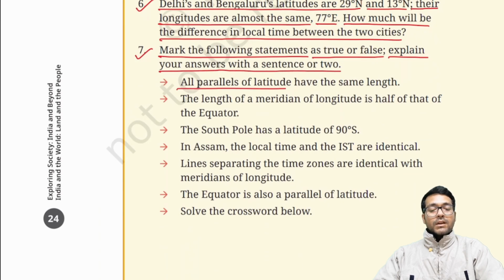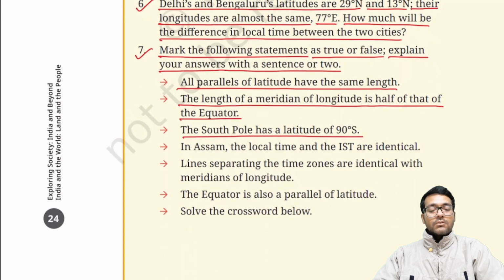All parallels of latitude have the same length. The length of a meridian of longitude is half of that of the equator. The South Pole has a latitude of 90 degrees south. In Assam, the local time and the IST are identical.